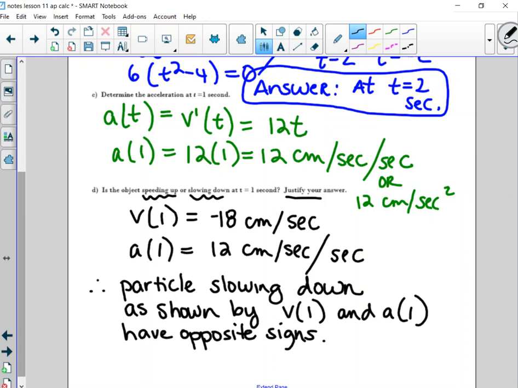We can go into a lot of other explanations about this, and we can get deeper into the physics of it. The problem is we often do that incorrectly, number one, and number two, that's not required. The calculus of this is the relationship between the signs of these two measurements. If the velocity is negative and the acceleration is positive, the particle is slowing down.